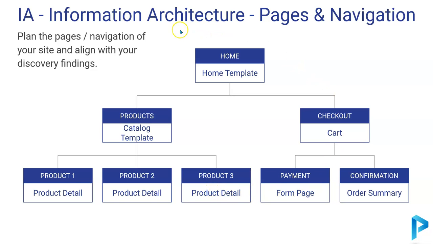So at this point, I've got some research on how and why I might do what I'm doing. I've got a basic structure here of the pages that I might need, and definitely less is more and everybody scrolls.